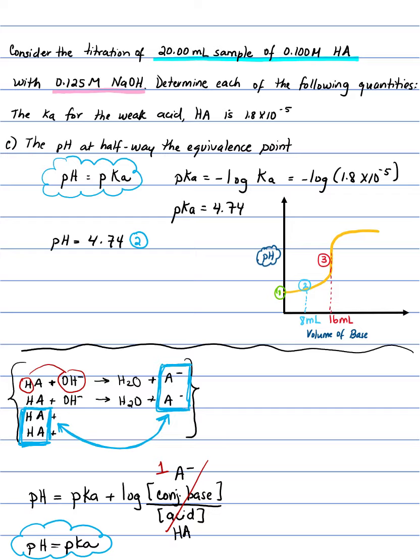That will give you the number for your pKa, and that's the same number that you need for the pH value. And that is correct, because at halfway to the equivalence point, the concentration that you have left for the acid is equal to the concentration of the conjugate base that you're forming. Since those two concentrations are the same, you're going to get a ratio of 1 in your Henderson-Hasselbalch equation. The log of 1 is 0, and that's how we get the simplification for that equation.